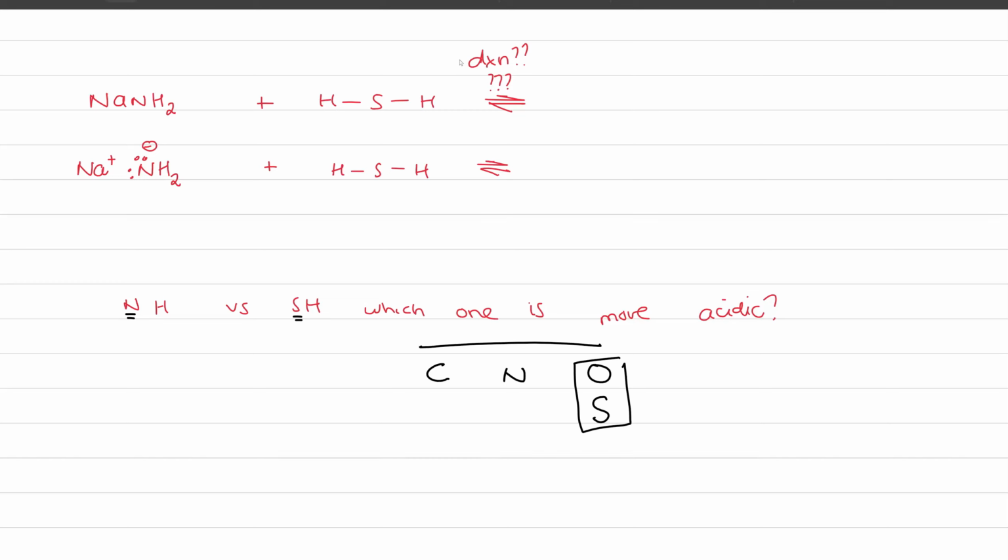Generally sulfur is more electronegative. It was nitrogen, oxygen, and then sulfur below. Since it's one row over, I would take into account electronegativity over size. Size is only when they're exactly on the same column.